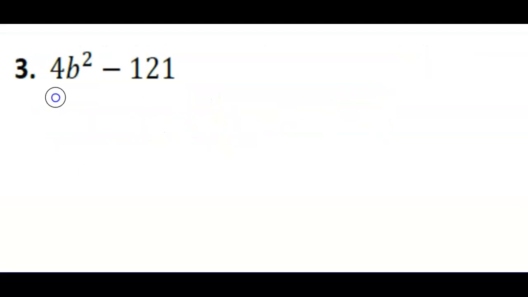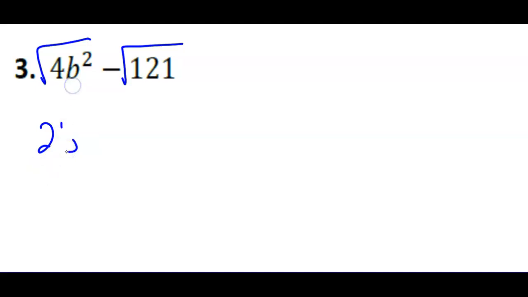So, is 4 a perfect square? Yes. Is B squared a perfect square? Yes. Is this a minus sign? I'm hoping you said yes. Is 121 a perfect square? It is. So we can use our rule. So what's our rule? Square root this, square root this. What is the square root of 4? 2.